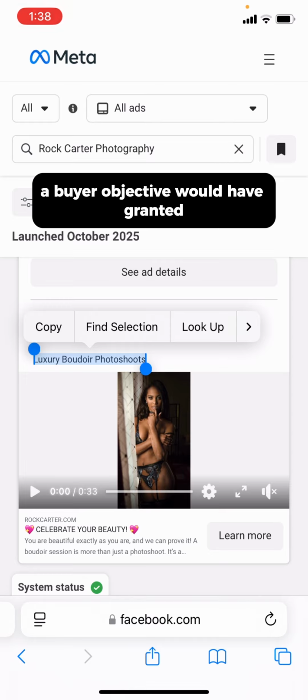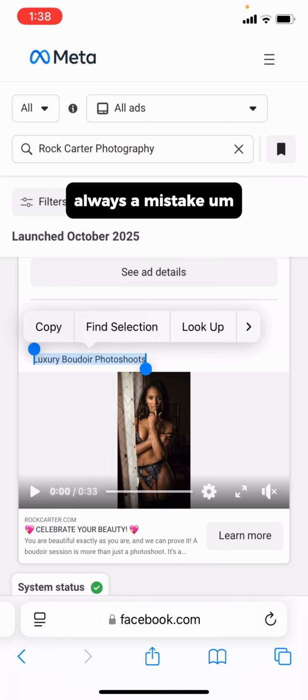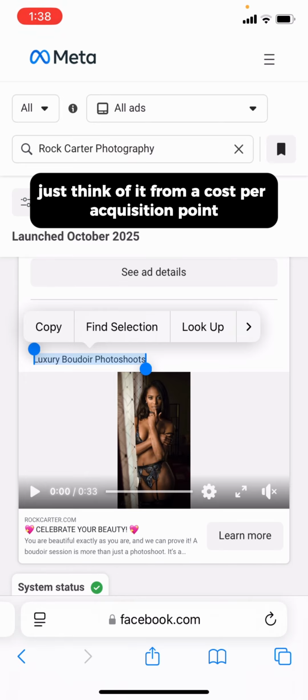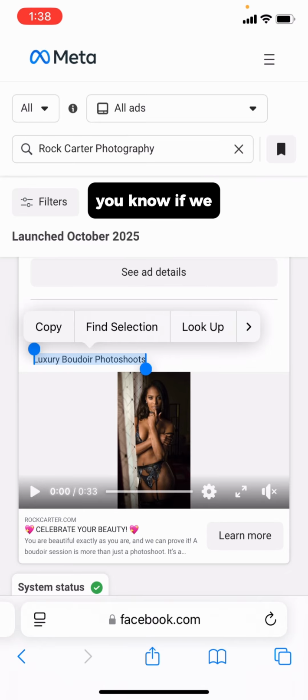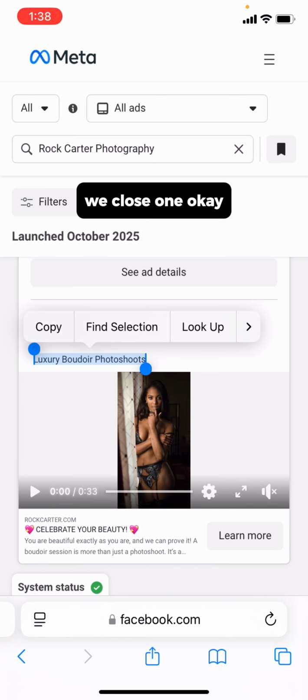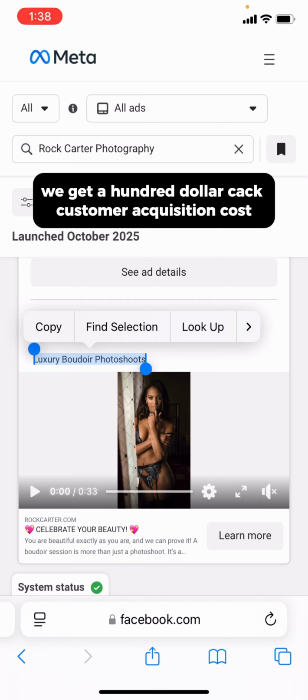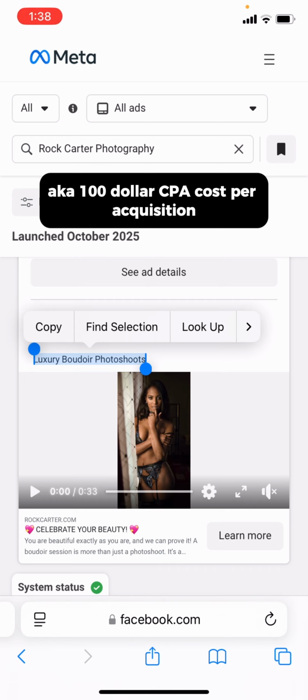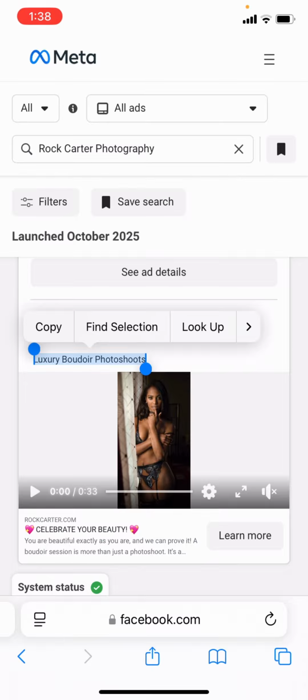A buyer objective would have gone to a totally different 6% slice of Meta profiles in our city. So this is why leads is always, always, always a mistake. And also just think of it from a cost per acquisition point, which is what actually matters. If we spend $100, get 100 leads, $1 per lead, we close one, okay, we get $100 CAC, customer acquisition cost, aka $100 CPA, cost per acquisition.